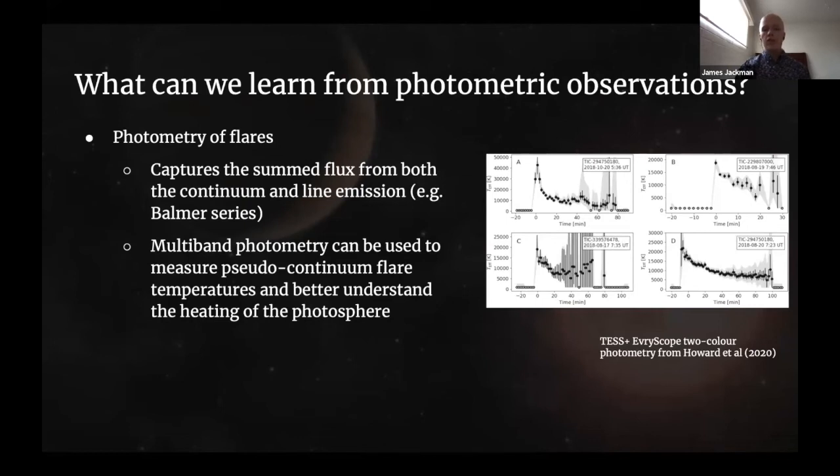Color measurements of flares can be used to fit black body temperatures and measure pseudo-continuum flare temperatures to better understand the heating of the photosphere. If these observations are sufficiently high cadence, we can get a better understanding of how the heating of the photosphere occurs, especially during the flare rise, during the initial energy deposition. And this can tell us about the transport of energy through the chromosphere and the heating of the photosphere.